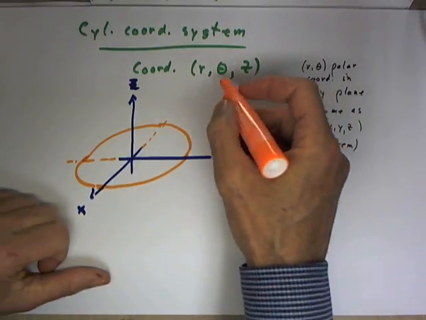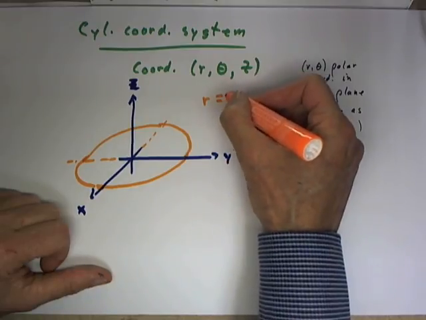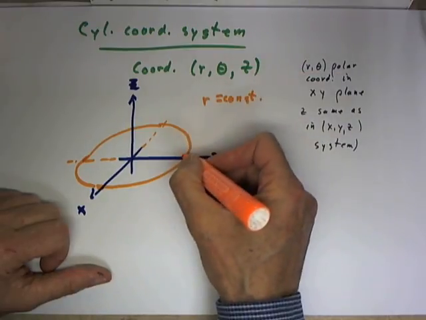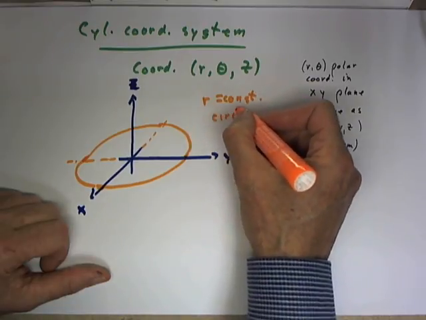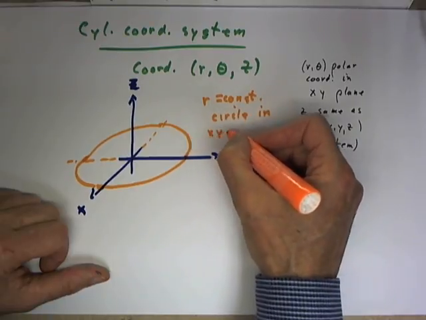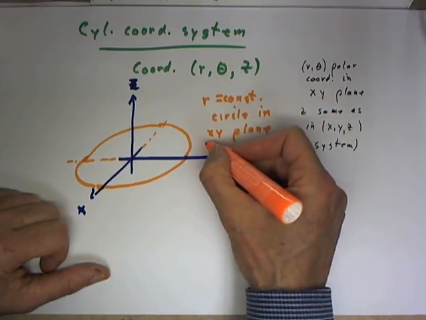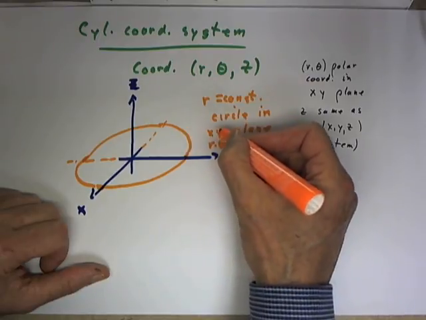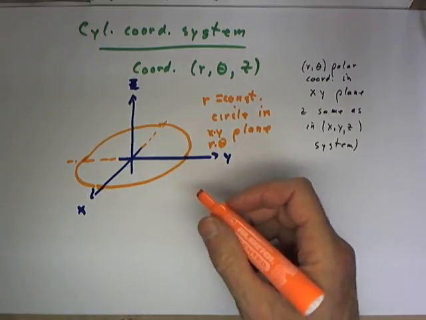So that, to start with, r equals constant gives us a circle in the xy plane, or our r theta plane, whichever way we want to refer to it.